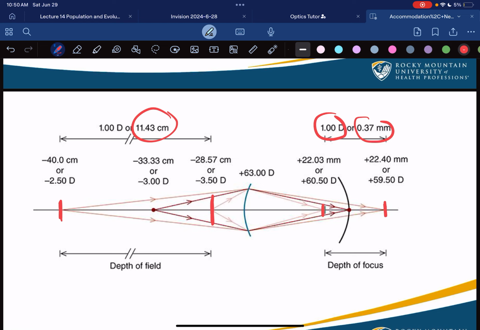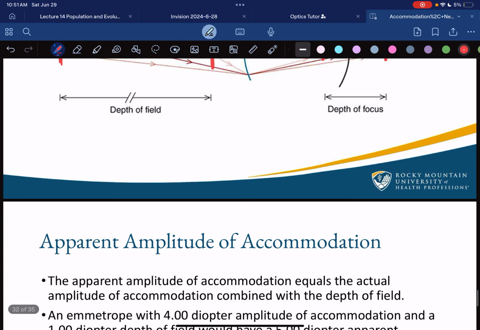So if we're ever having to do the math for it, just remember that the distance isn't the same wherever you look for their depth of field, but the diopter of their depth of field will be the same wherever. It doesn't matter if they're looking 10 centimeters from their face or 1 meter from them, that range will still be 1 diopter, though the distance in meters will be different. So just think of it in diopters is what I'm trying to say. So anyways, there's that.